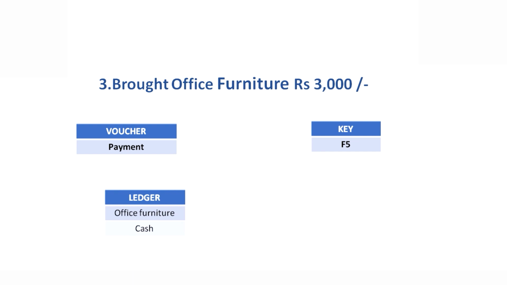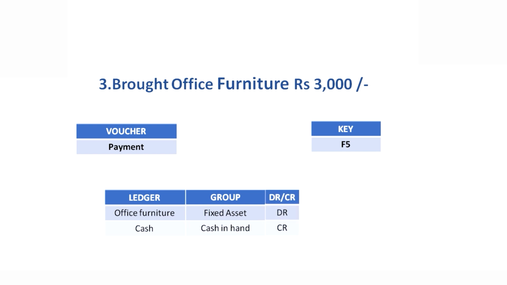The two ledgers we require are office furniture account and cash account. Cash is already there, no need to create. We'll create only office furniture, grouping under fixed asset, and we debit office furniture and credit cash account to pass this transaction with a value of 3,000.